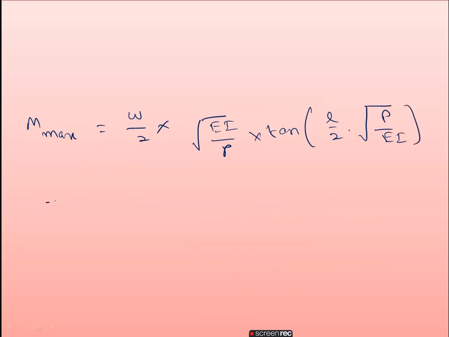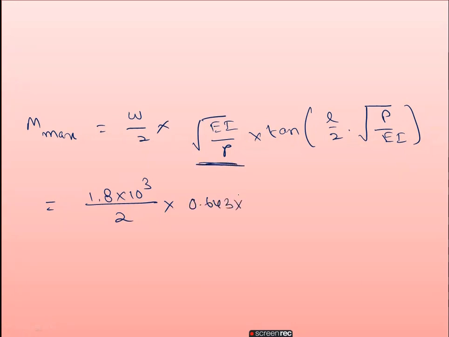Now W we know already, that is 1.8 into 10 cube. This W is the transverse point load, given in the problem as 1.8 kilonewtons, which I converted into newtons, divided by 2. The square root of EI by P value we just calculated, that is 0.643.